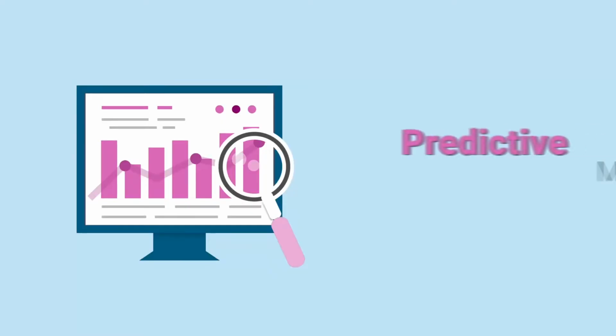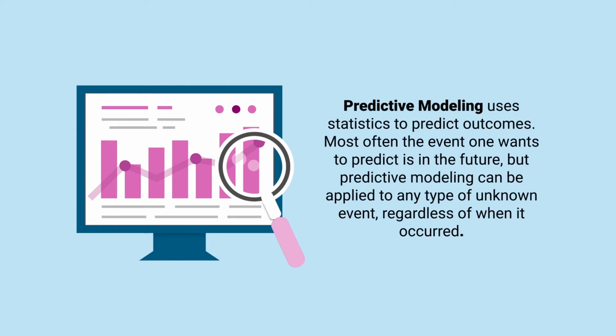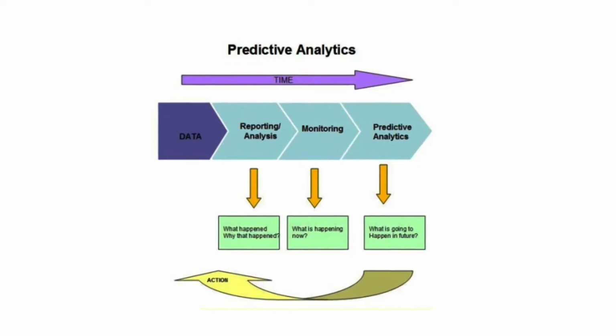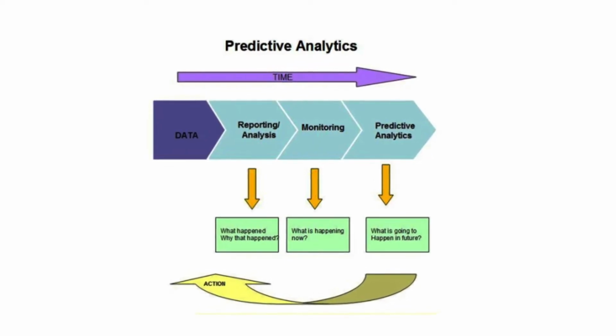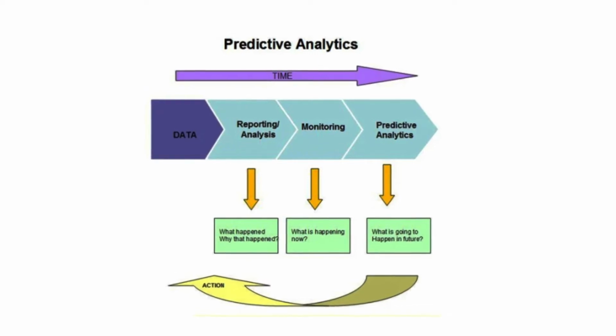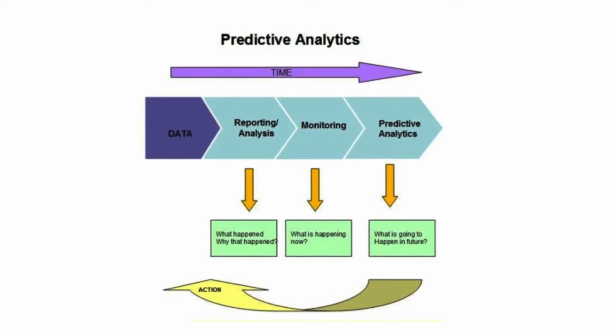When we talk about predictive modeling, it uses statistics to predict outcomes. Most often the event one wants to predict is in the future, but predictive modeling can be applied to any type of unknown event regardless of when it occurred. Predictive analytics is based on data reporting, analysis, monitoring: what happened, why it happened, what is happening now, and what is going to happen in the near future.